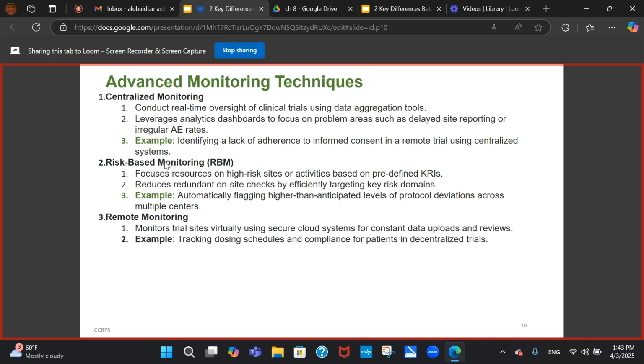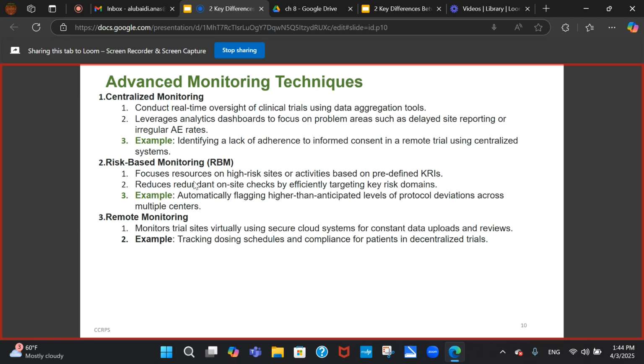Risk-based monitoring, RBM, focuses resources on high-risk sites or activities based on predefined KRIs. So here, prior to starting the trial, maybe the high-risk sites with particular geographical areas were identified already by the sponsor or by the CRO.